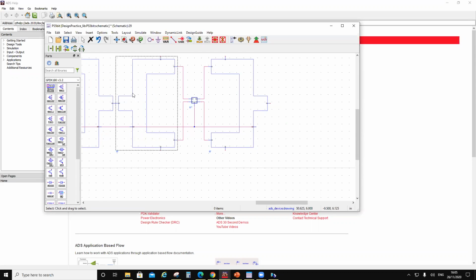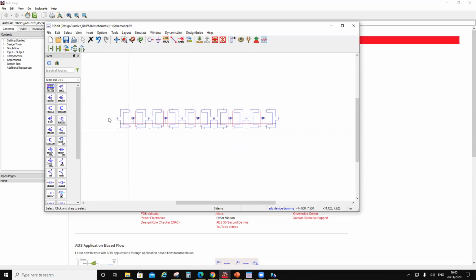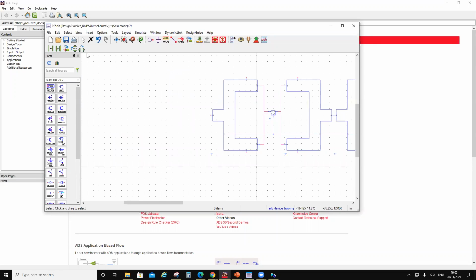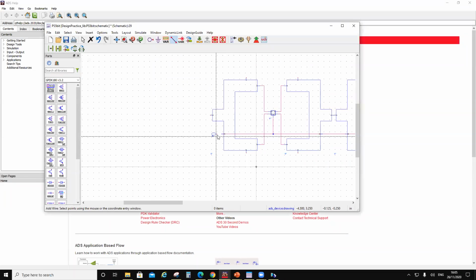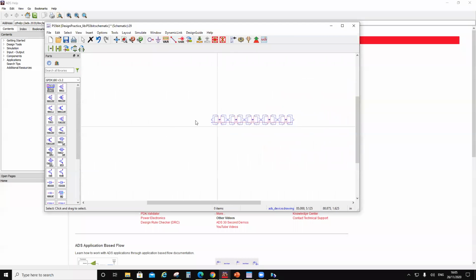Okay, so this is a common ground. So this is ground for everything. And I'm going to put a ground pin here. So this is the ground pin. So we have given ground to everything.